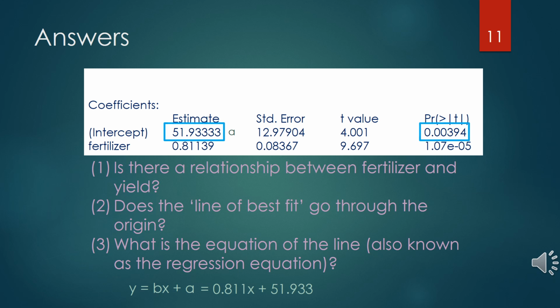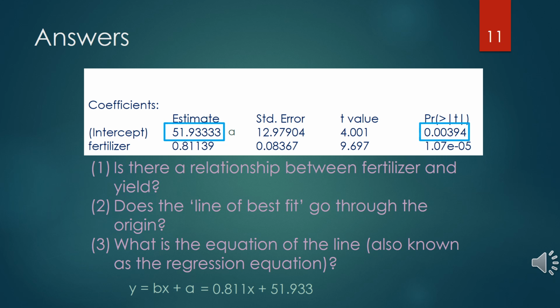Question 2. We're now being asked whether the line goes through the origin, or in other words, whether the intercept equals 0 or not. So in this case, we look at this first line of output, and we can see an estimate of the intercept is 51.53, and there's a p-value of 0.00394 for the t-test of whether this value is significantly different than 0.